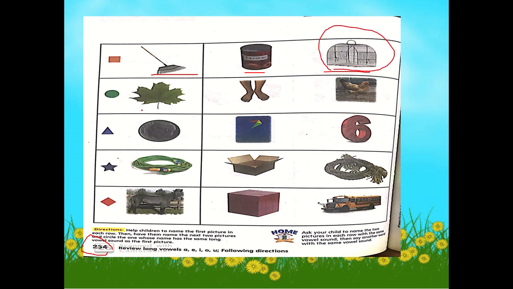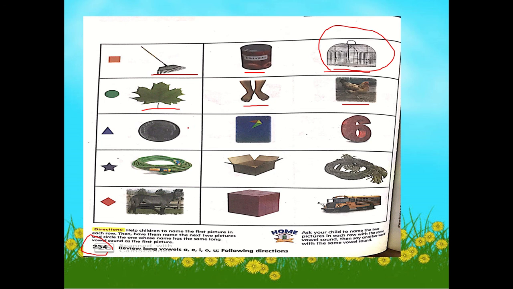Next is leaf. The word leaf has the long vowel E. Now, which picture has the E vowel? Is it feet or hen?